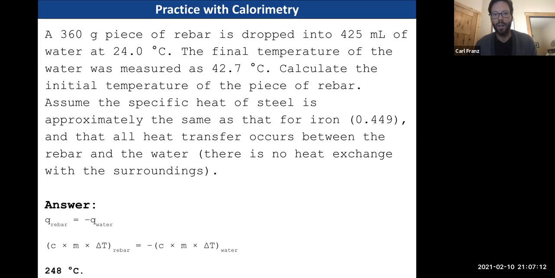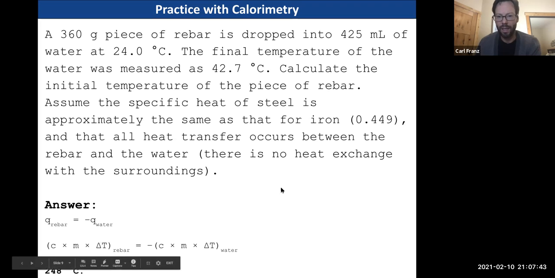And they want us to calculate the initial temperature of the rebar. We have specific heat for this steel, and we know the specific heat of water. And so again, we can plug in the different variables, because if Q equals negative Q, we can say C times M times delta T equals a negative C times M times delta T. All right. And so practice this and see if you get that answer at the bottom.